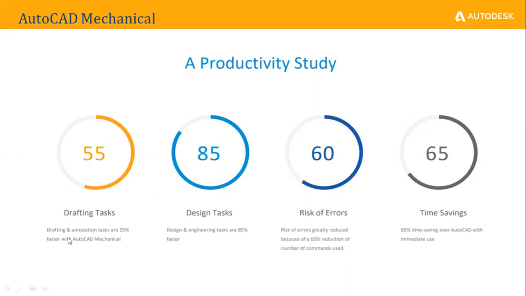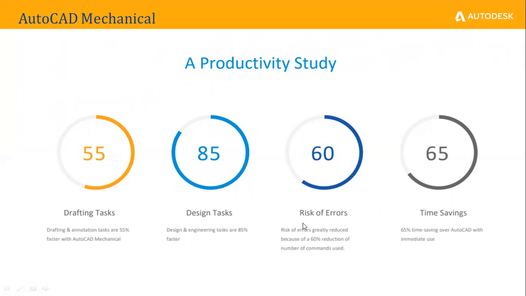When going with drafting and annotation, which takes 100% of the time, say 1 hour in normal AutoCAD, we are able to reduce it to within 30 minutes. We can reduce 55% of the time compared with plain AutoCAD, sorry, with AutoCAD Mechanical. And design tasks we are able to do 85% faster than plain AutoCAD.